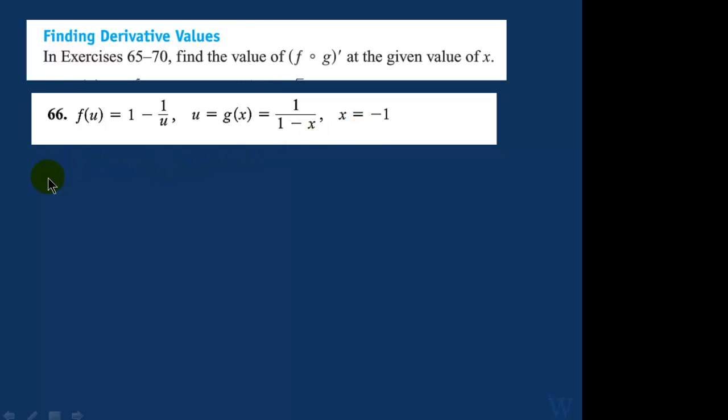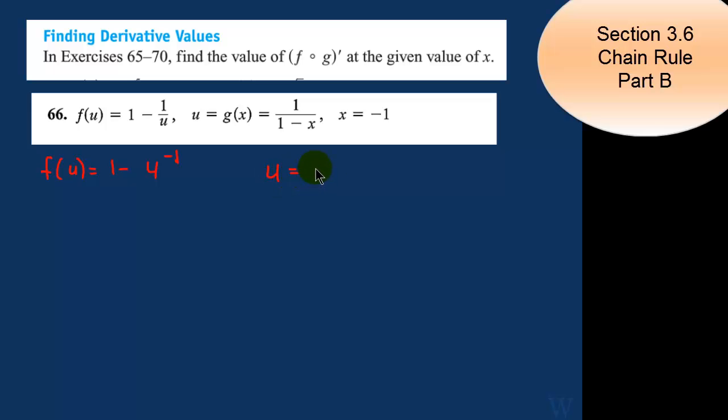Now here, I think the first thing we need to do is apply the composition because it'll make it easier. I'll show you why. Our f of u is equal to 1 minus u to the negative 1. And our u is equal to 1 minus x raised to the negative 1. So look at it this way.